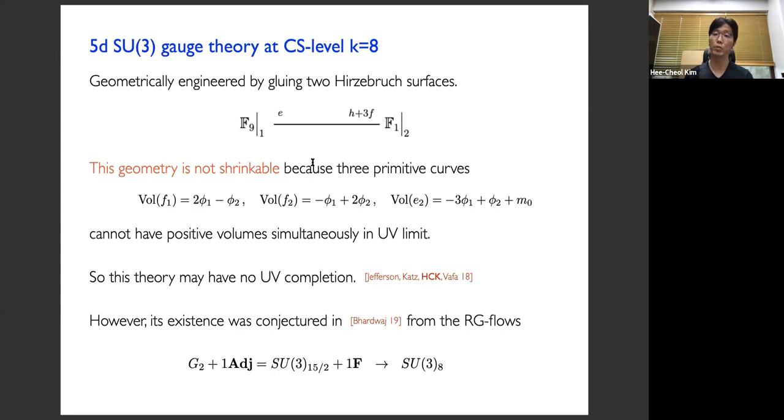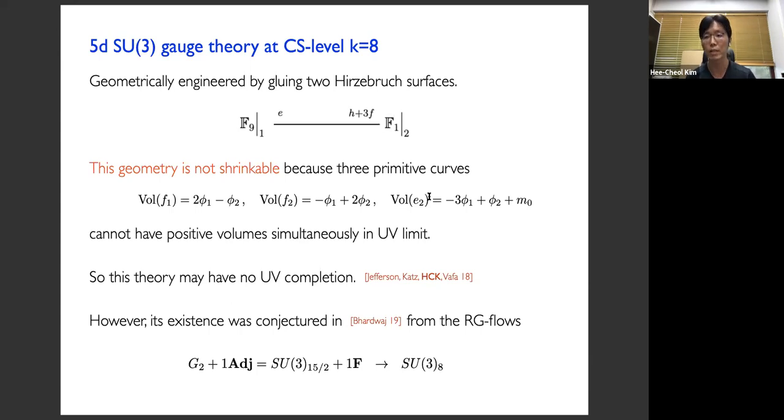So now it's puzzling, because geometrically it's not shrinkable, therefore it cannot have a UV completion. But on the other hand, there is a prediction for the UV completion of this theory. So we have to resolve this puzzle. Actually, we can resolve this puzzle by looking at the fact that one of these primitive curves, which provides the instantonic state, is an exceptional curve, realizing a hypermultiplet.